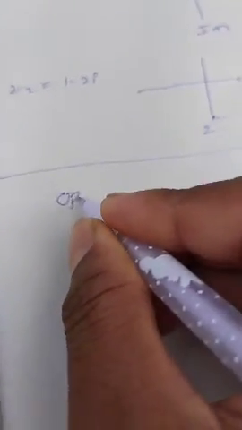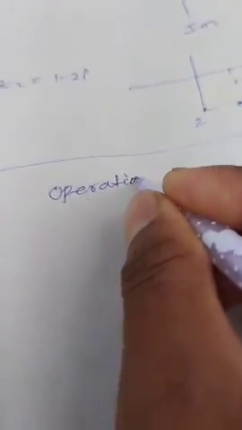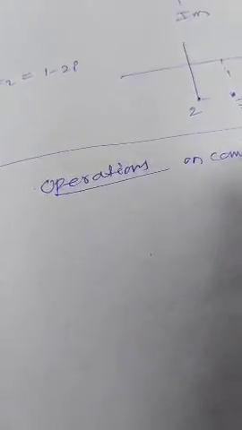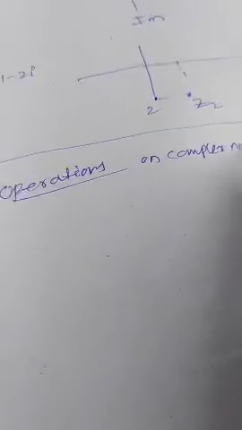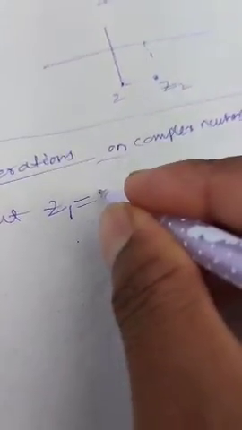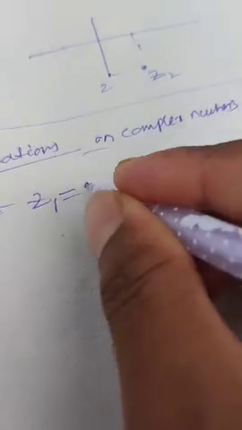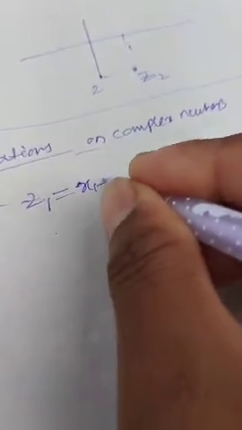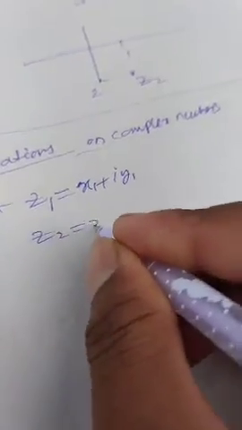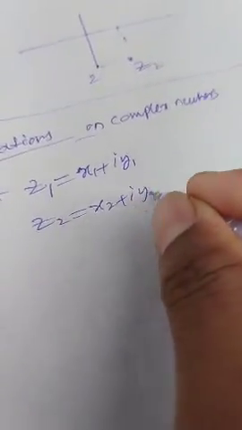Now, operations on complex numbers. Let me take two complex numbers. One is Z1 equal to x1 plus iy1. Another one is Z2 equal to x2 plus iy2.